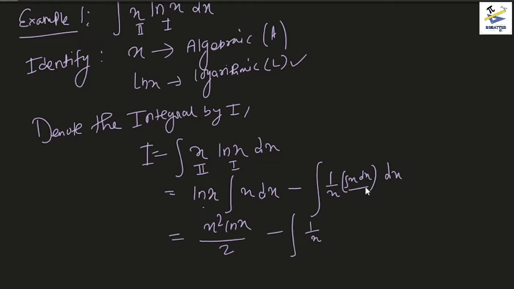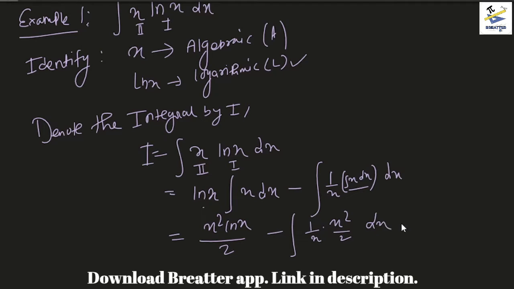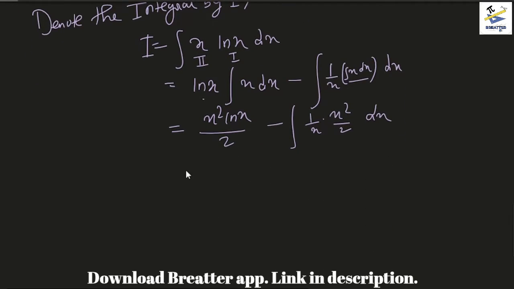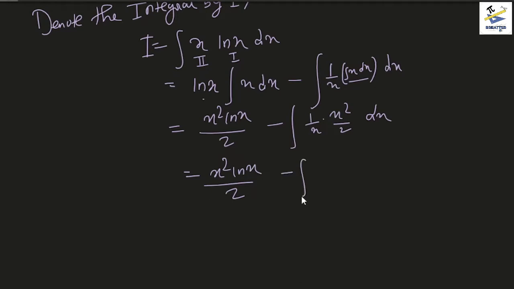In this inner integral you do not need to include the constant plus c, so we are basically trying to just find the integral except the constant. So 1 by x into x square by 2 dx, and as we can see this becomes x square ln x by 2 minus the integral of, this x is cut off, it's x by 2 dx, which can also be evaluated: x square log x by 2 minus x square by 4.